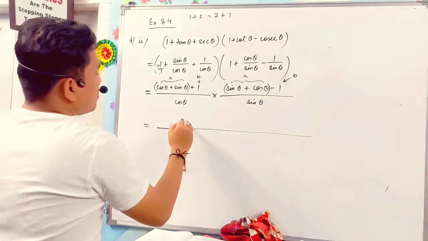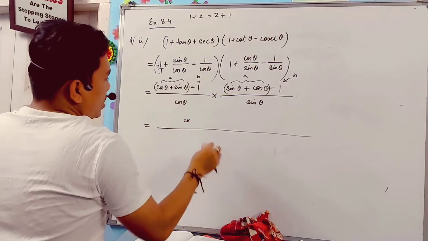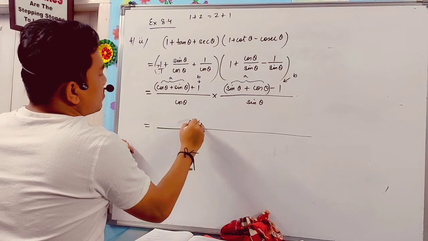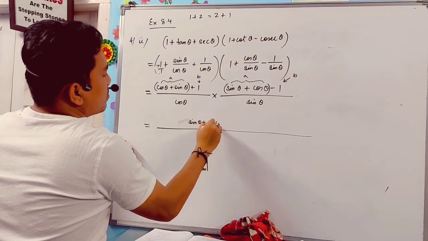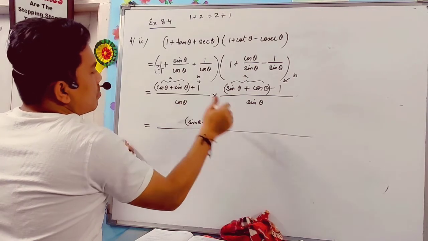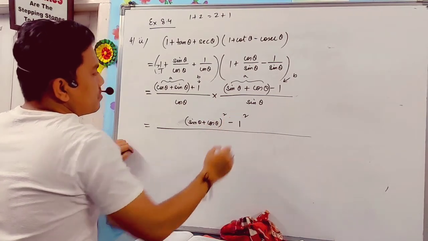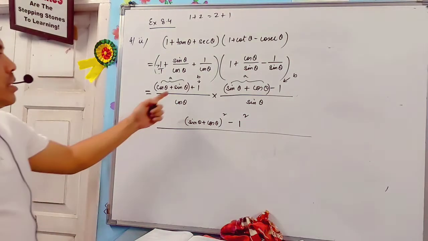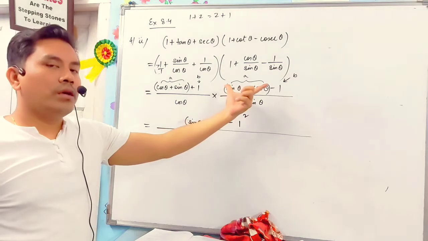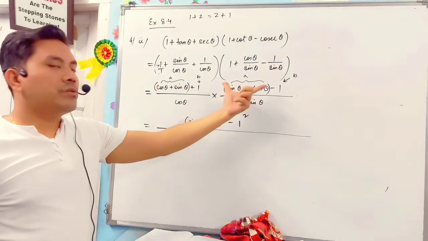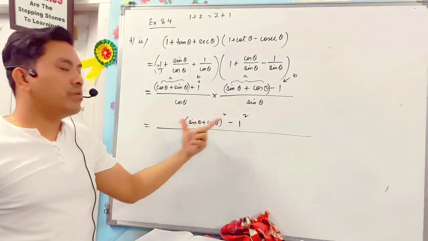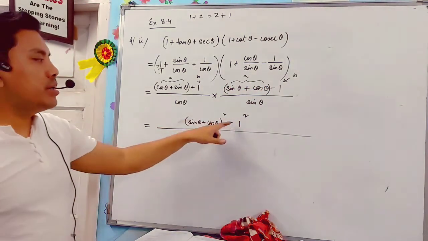What is A? Sin theta plus cos theta whole square. A square minus B square. What is B? 1. So 1 square. Then we have multiplied the numerators, and the product of these two is in the form of a plus b, a minus b, so it has resulted into a square minus b square.